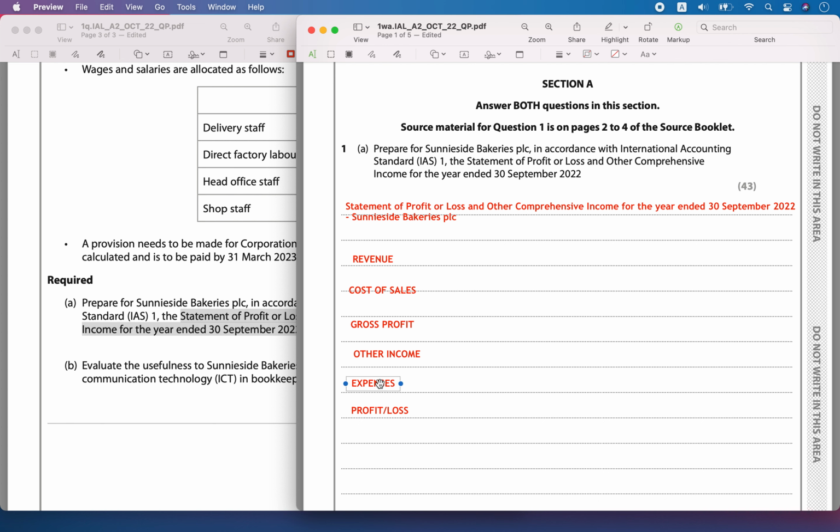you will have to identify expenses. You will have to identify three different types of costs. First one is the distribution cost. Then you will have to identify the administration expenses, and what were the financial costs.